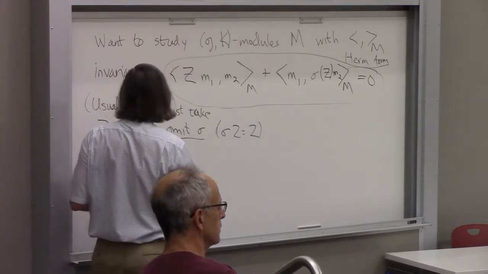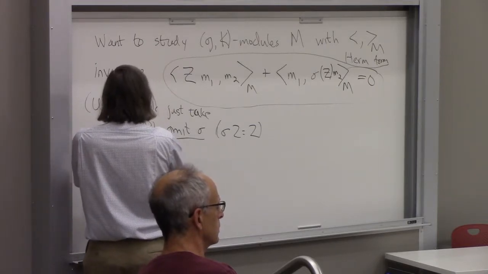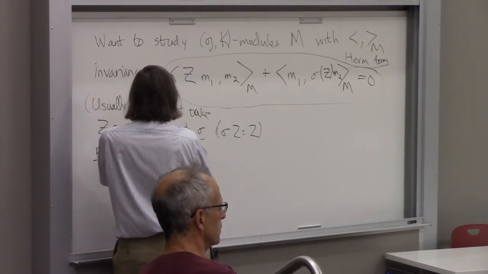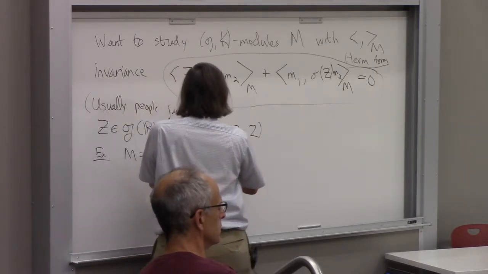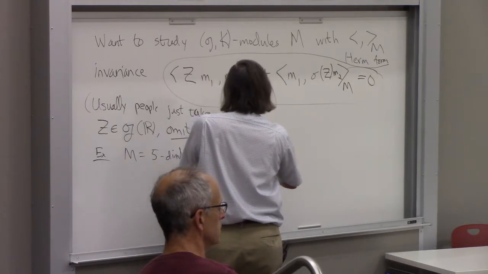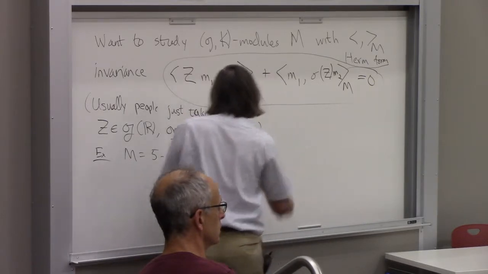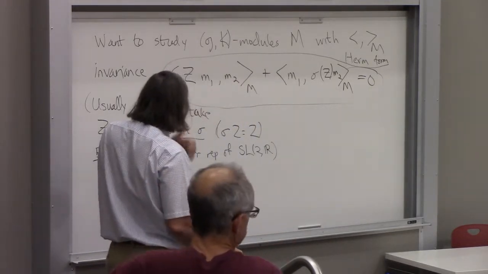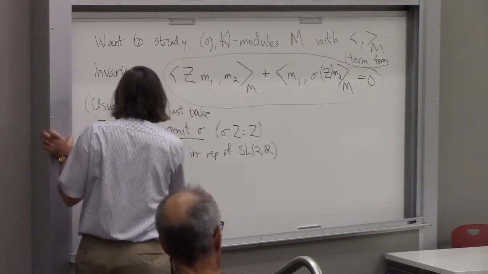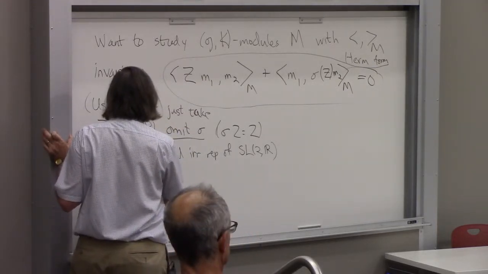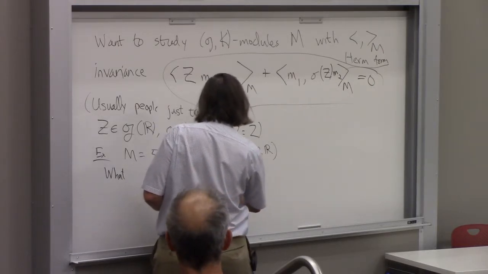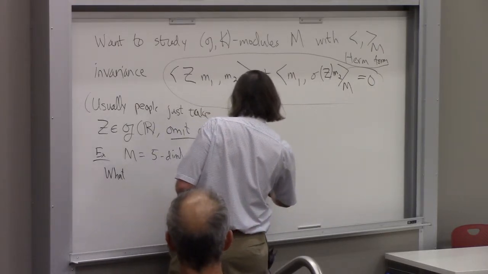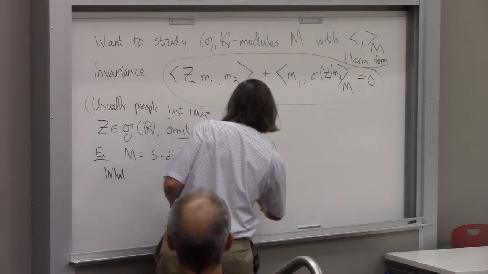well, here's a stupid example. Let me take M to be the 5-dimensional irreducible representation of SL2R. And the question is, well, so I like to write it like this.